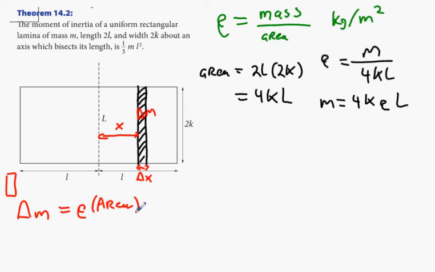What is the area of delta m? We haven't done it yet, by the way. Delta x by 2k. L is actually the axis of rotation. Just to let you know about this axis of rotation, it's like it's flipping like that, right? It's not spinning like that.